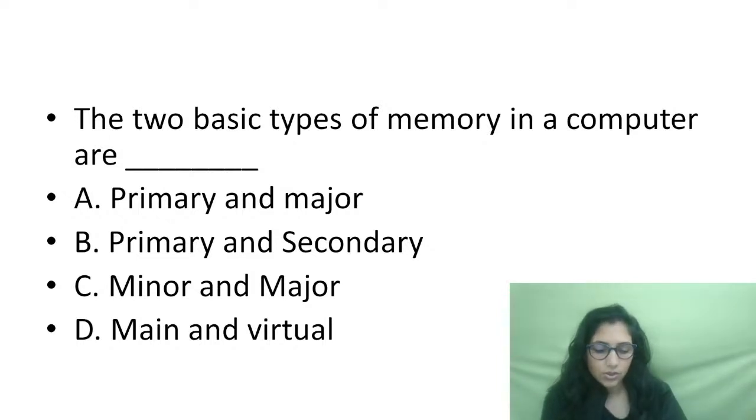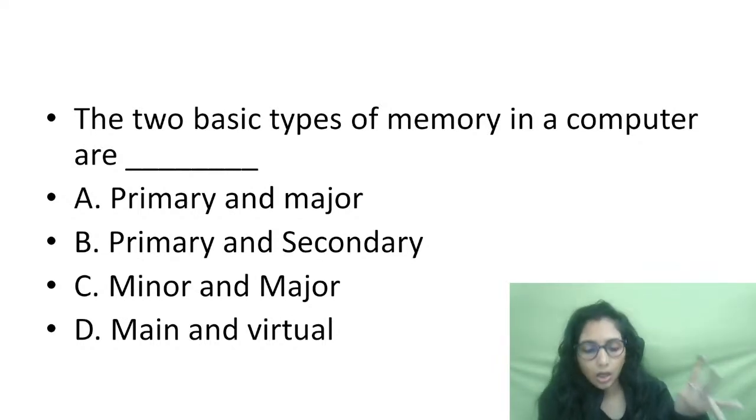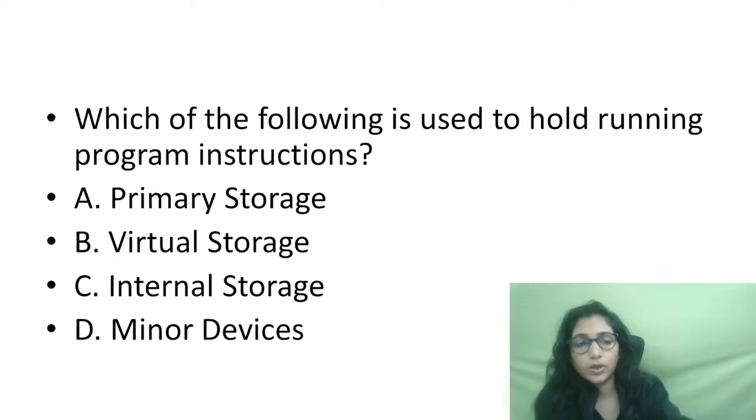Yes, I'm waiting for others also to respond. So the answer we get is primary and secondary. Very good. All of you know about this. We have two types of memories, that is primary and secondary memory. Okay, let us move on.